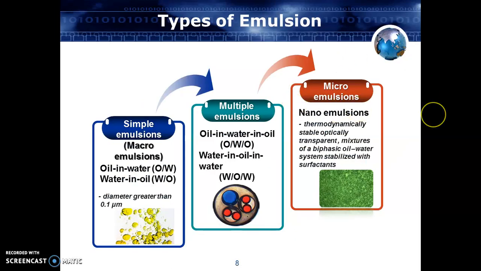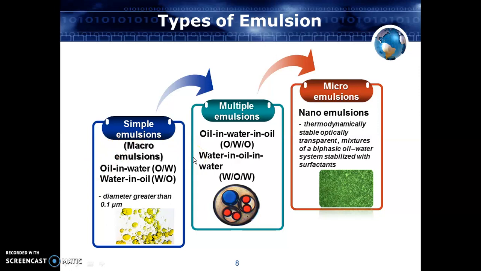So, these are different types of emulsion: simple emulsion, multiple emulsion and micro emulsion. Macro emulsion comes under simple emulsion. We can give the example of OW type and WO type of emulsion where droplet size is greater than 0.1 micrometer.